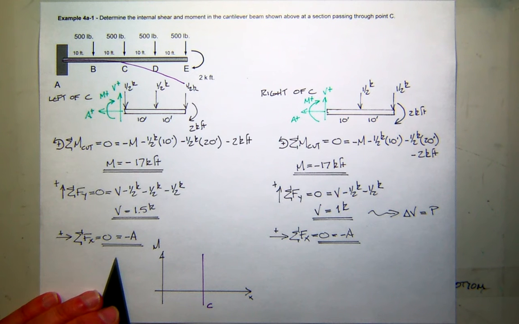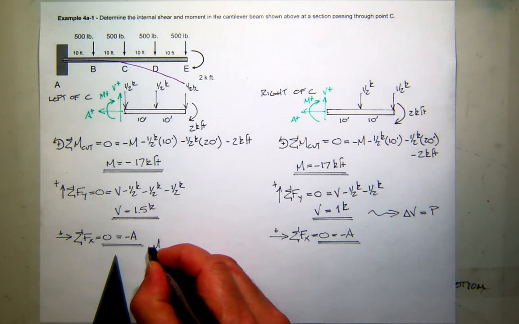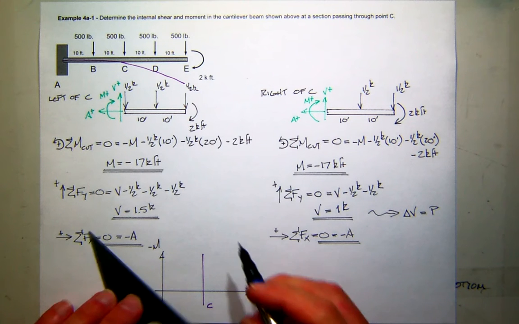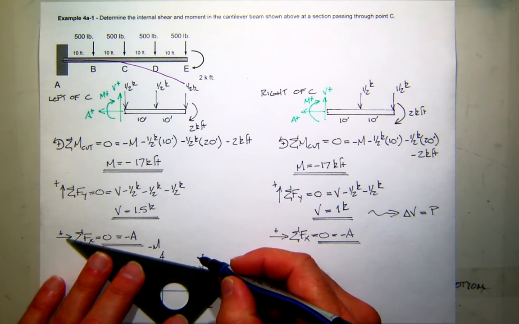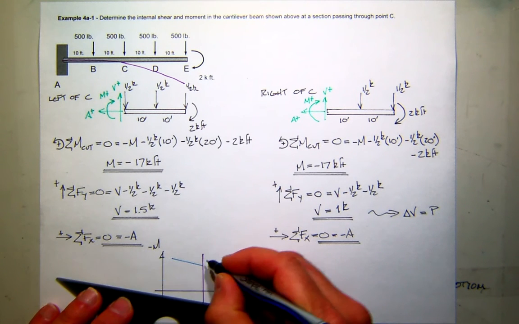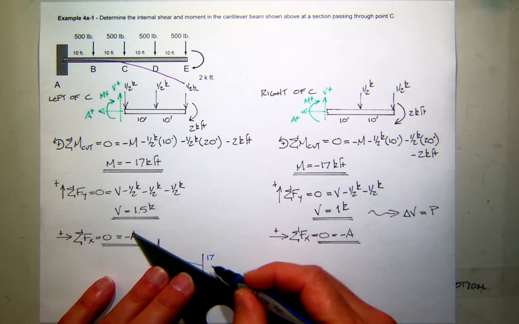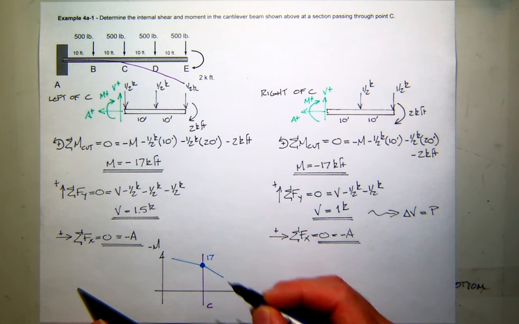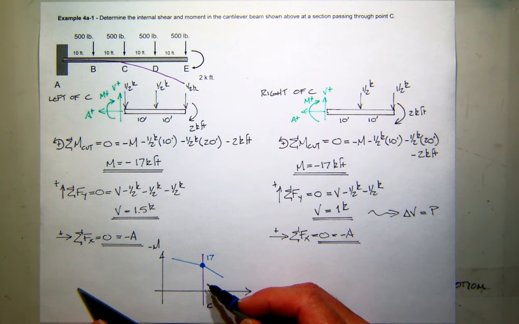I drew it backwards. Let me cheat and say it's the negative moment. It's going to come in at some shape, and it doesn't really matter what the shape is, but it's going to come in at this value, 17, and when it leaves, it's still 17. There's no change in the moment.